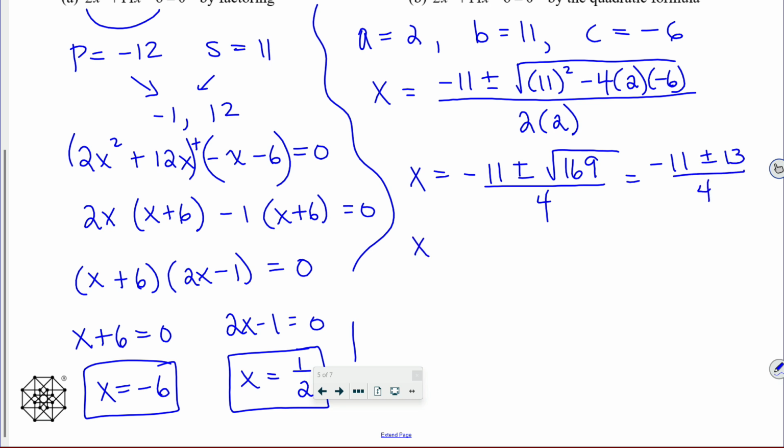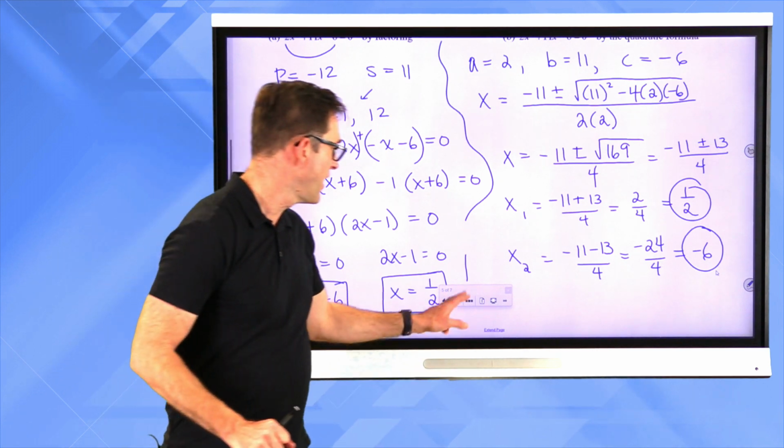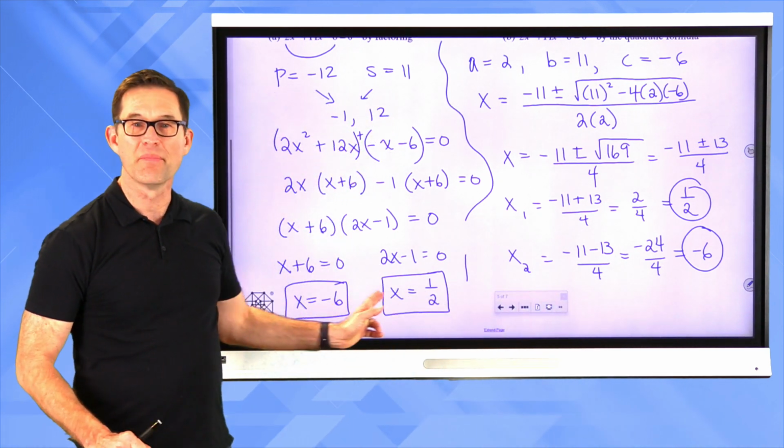So my 2 answers, x1 is negative 11 plus 13 over 4, and that's going to be 2 divided by 4, which is 1/2. And then my second root is going to be negative 11 minus 13 divided by 4, and that's negative 24 divided by 4, and that's negative 6.